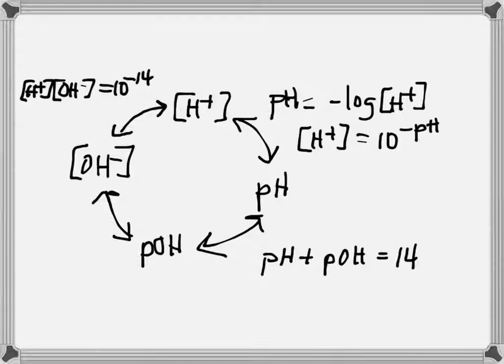And then the relationship between pOH and OH minus is very similar. That's not going to fit. I'll kind of write sideways. pOH is the negative log of the hydroxide ion concentration.